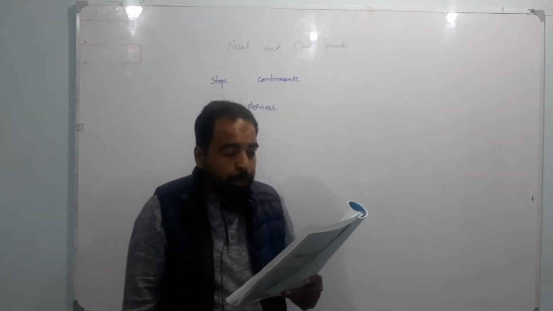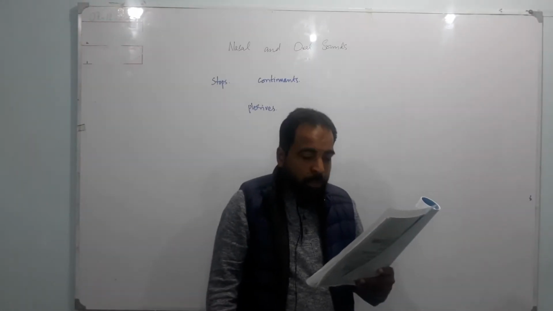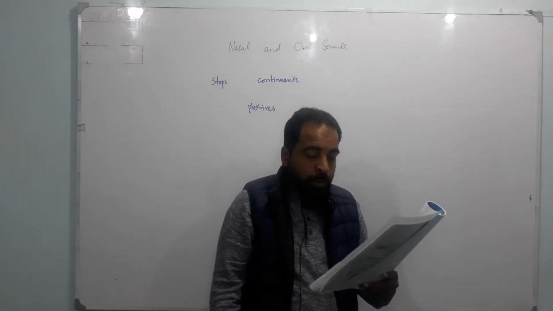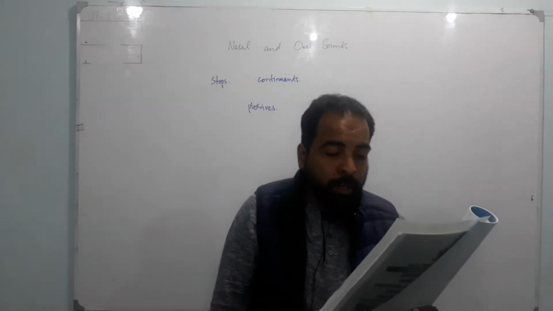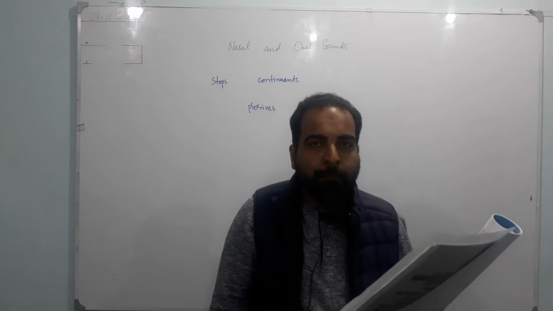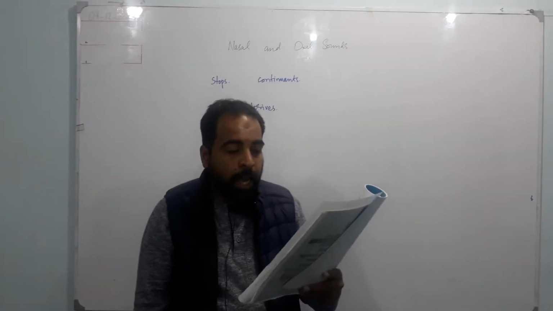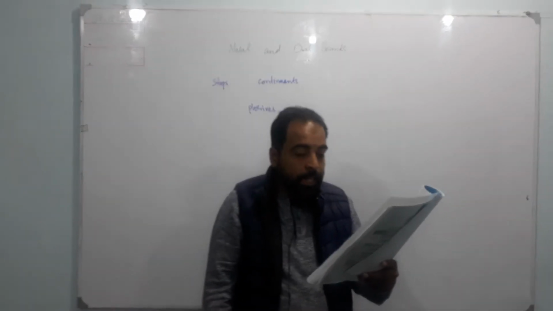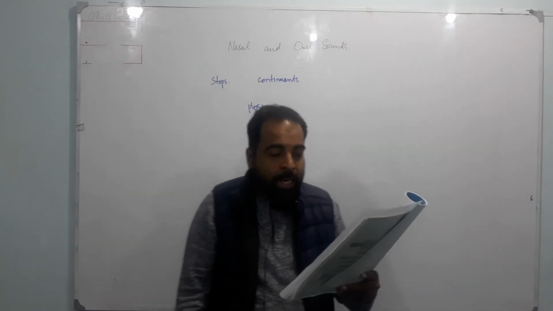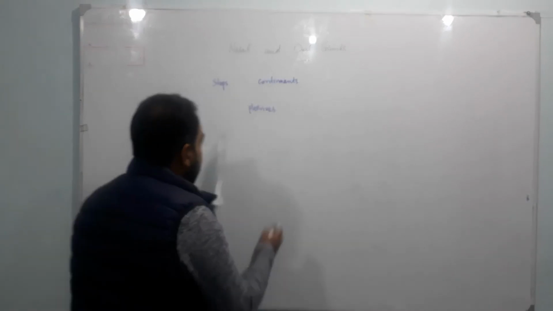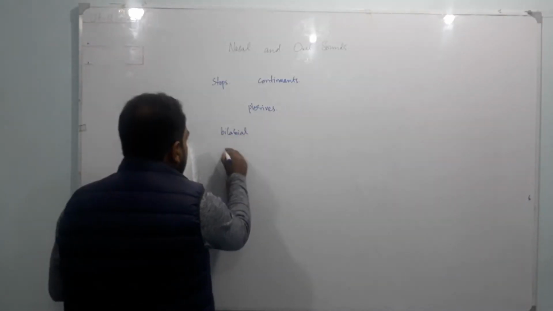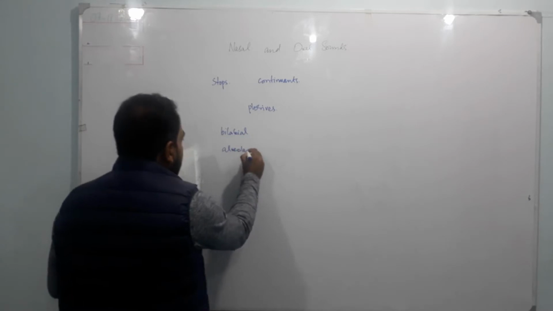P, B and M are bilabial stops, with the airstream stopped at the mouth by the complete closure of the lips. P, B and M. T, D and N are alveolar stops. एक हो गया bilabial, एक है alveolar.